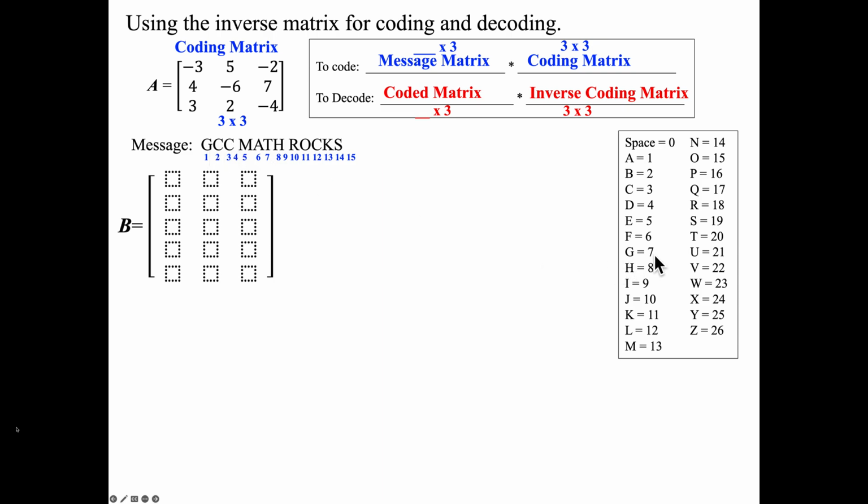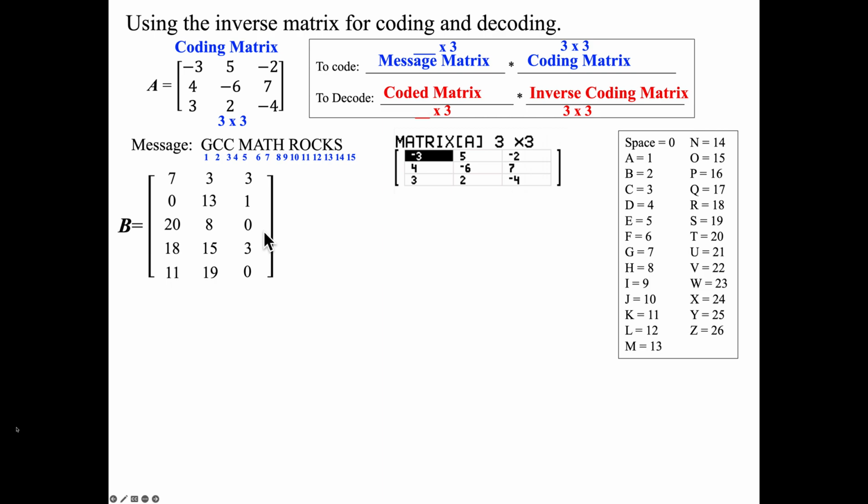G is a 7, C is the 3, and we have 2 of those. 0 is the space, M is 13, A is 1, T is 20, H is an 8, 0 for the space, and then letter 10, R, 18, O is a 15, C is a 3 again, K is 11, S is 19, and we'll put a 0 at the end.